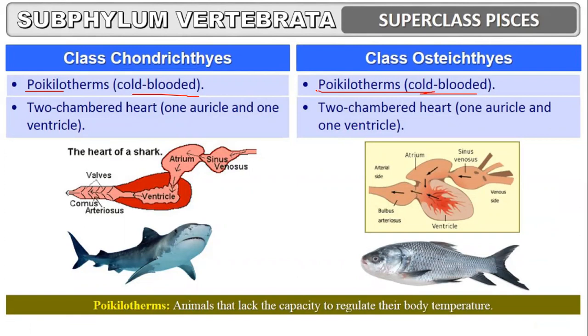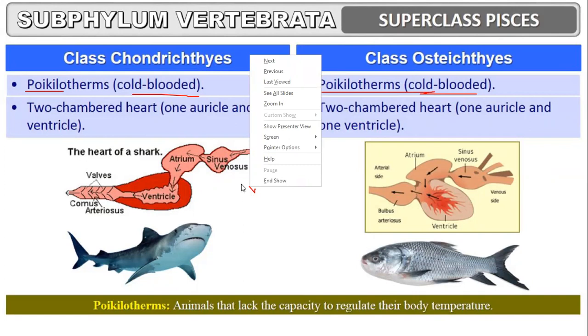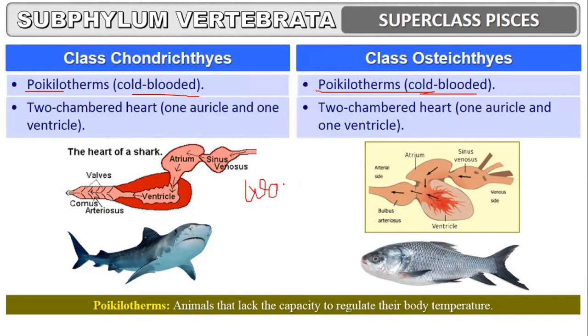They are hot-blooded or warm-blooded or homeotherms. Cold-blooded is actually poikilotherms and warm-blooded is actually homeotherms. Homeotherms have the ability to maintain their internal body temperature as a constant.